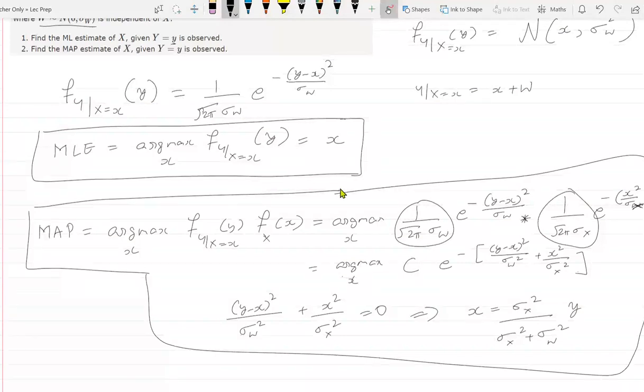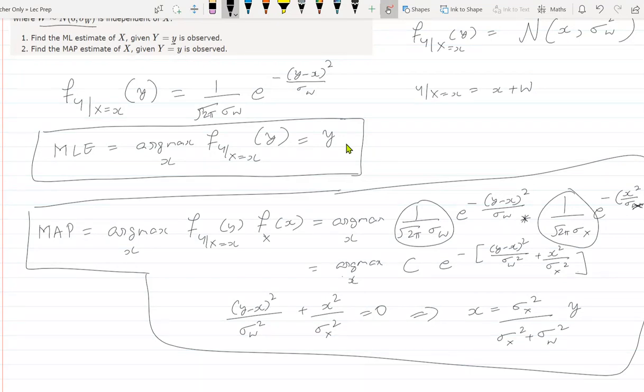Now you have very different answers. Here, when you only maximize this function, your maximum likelihood estimate for the observation y was y itself; the value of x should be equal to y.